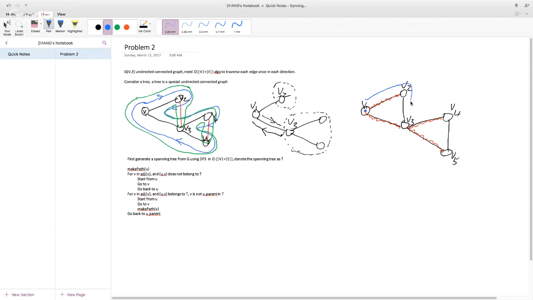So it's like this. Now we're at V2 and we're here. We need to go back to V2's parent, that is V1. And start from V1 again. Consider the edge V1, V3. It's part of the spanning tree, so it's in the second loop. So start from V1 to V3.